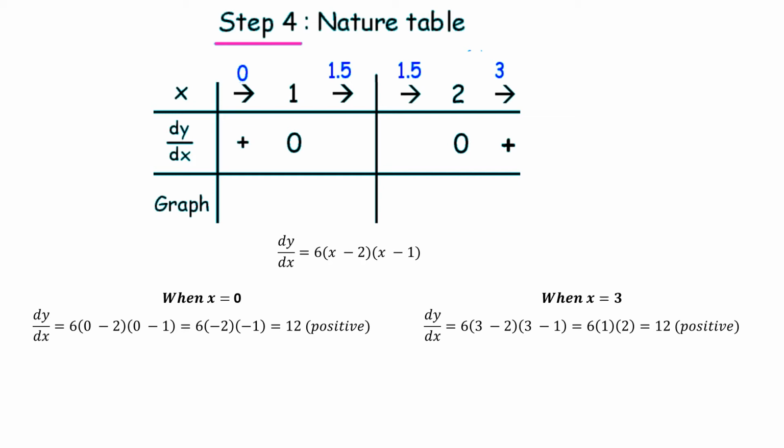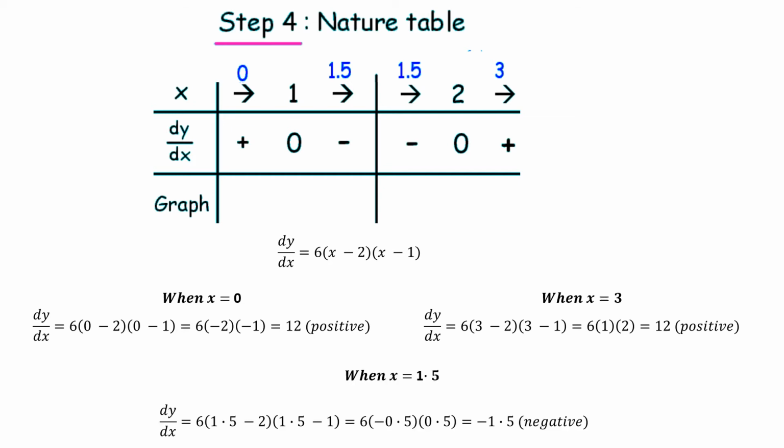And finally we'll do it for when x equals 1.5. When we do that, it ends up giving us a negative answer this time. We have 6 multiplied by negative 0.5 multiplied by 0.5. That ends up giving you minus 1.5, which is a negative answer. So we can put negatives in both those regions on the nature table.